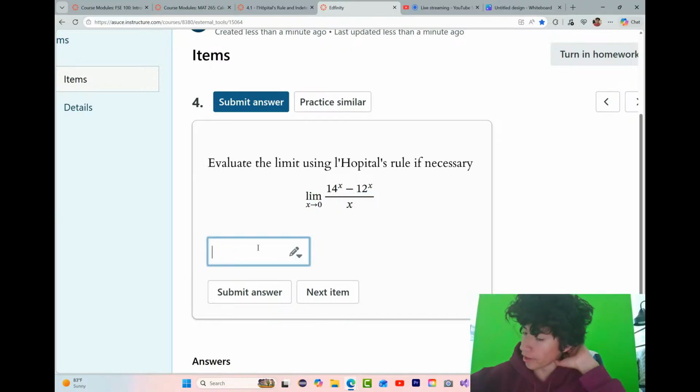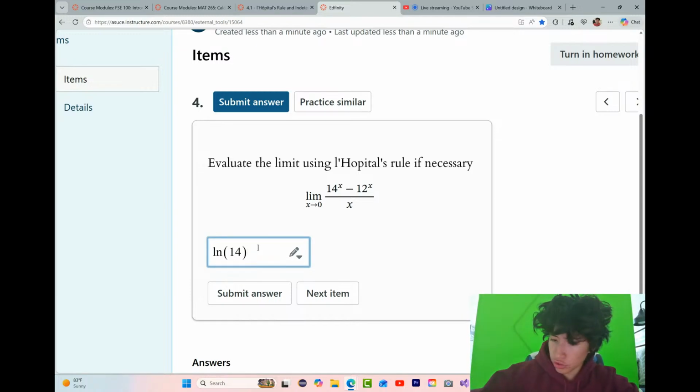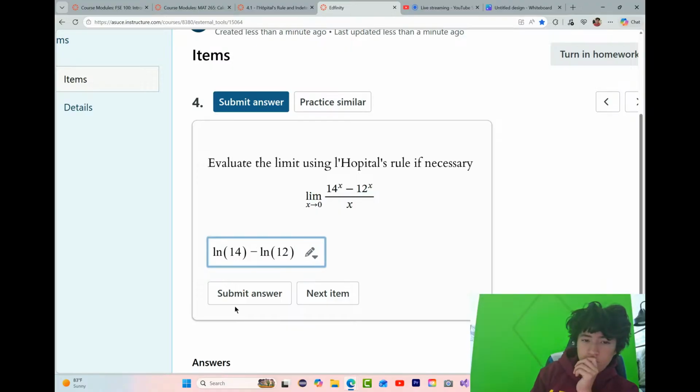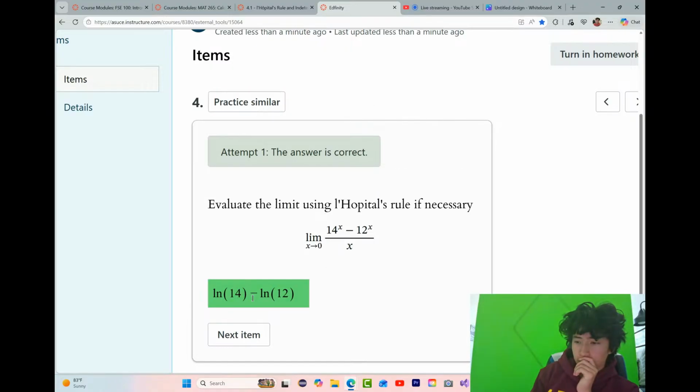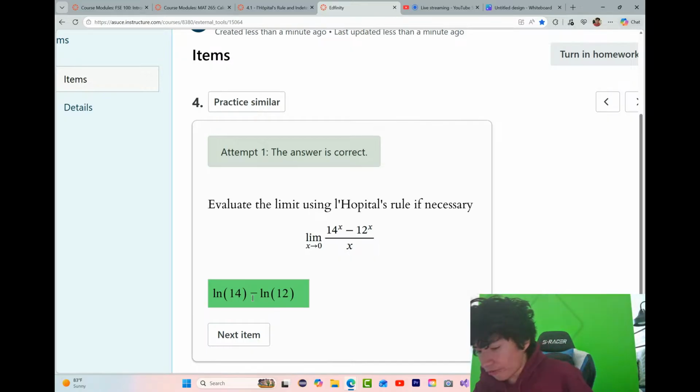So what do we do in that case? I think that's the most we can simplify. What did we do? I feel like I'm just applying an equation. We had an indeterminate form, an indeterminate quotient, 0 over 0.